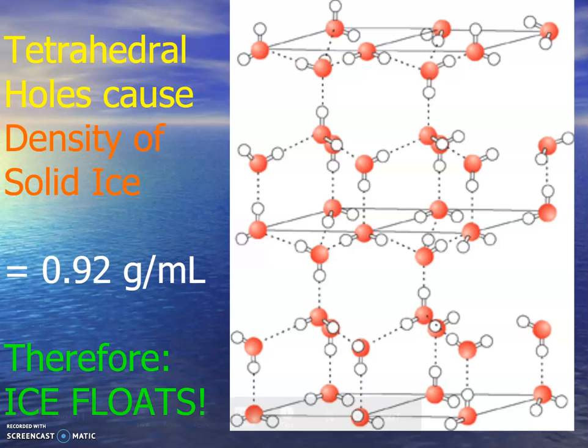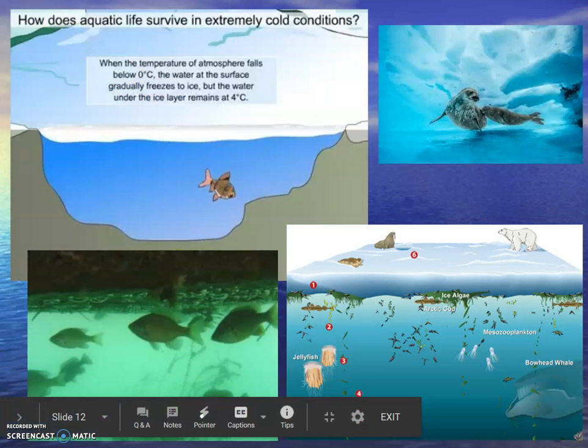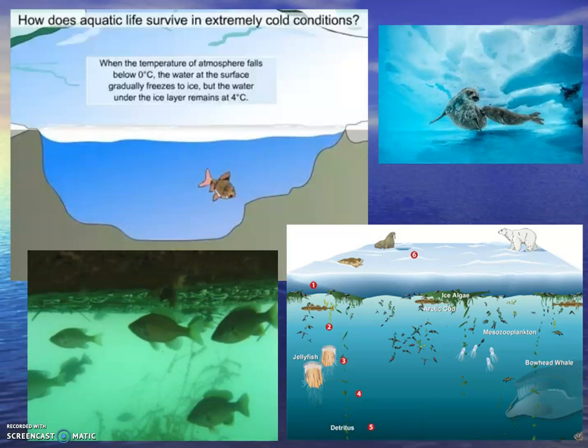Good thing that happens, because if it didn't, how in the world would life exist? Life is going to survive regardless of whether it's summer or winter. Okay, life exists in a pond in the Arctic or anything like that, and things wouldn't have evolved if it weren't for this.